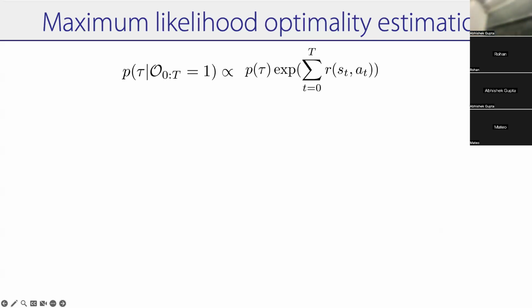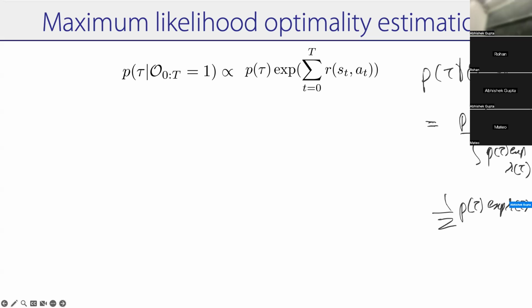It says PF tau given optimality is equal to PF tau times x bar tau divided by the integral of PF tau x bar tau, which is 1 over z PF tau x bar tau. And that's literally the term we had back there.